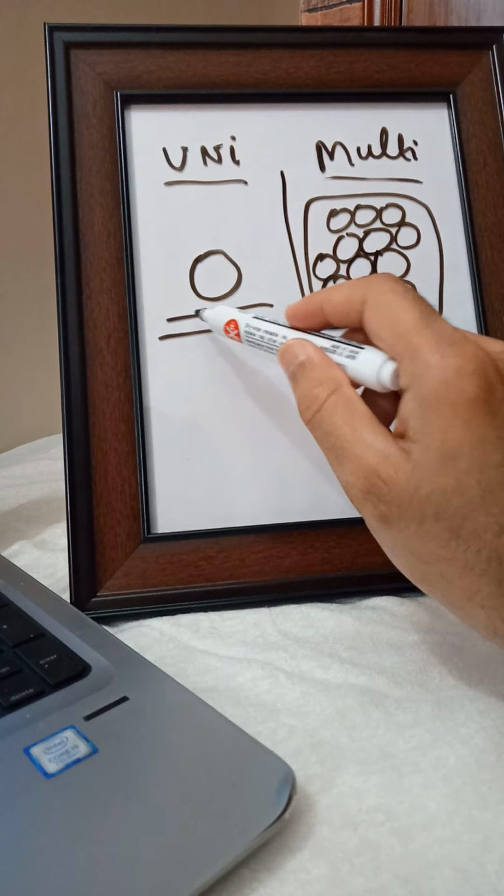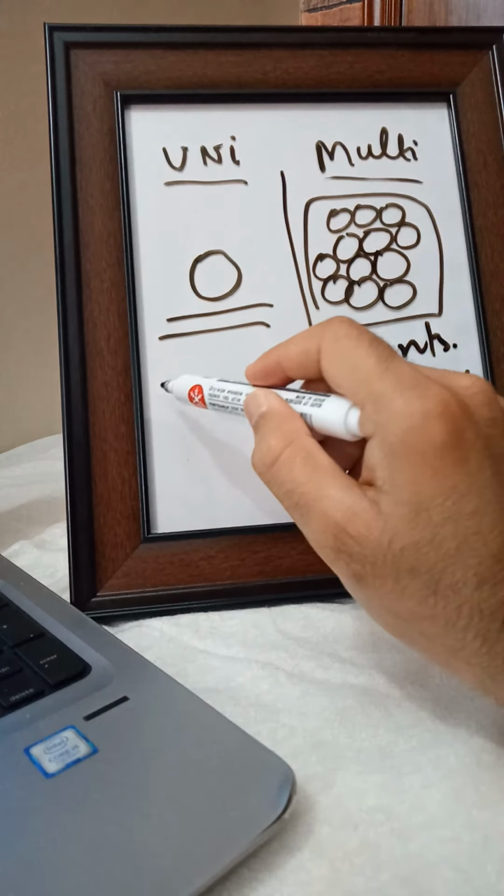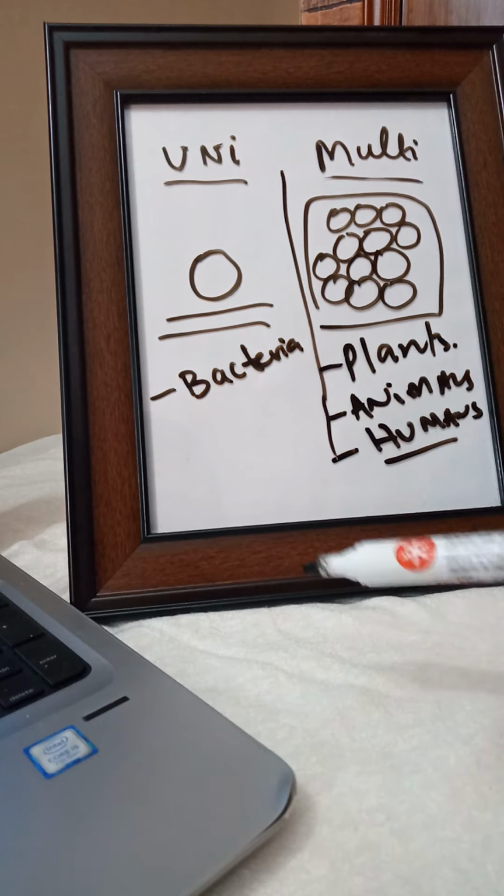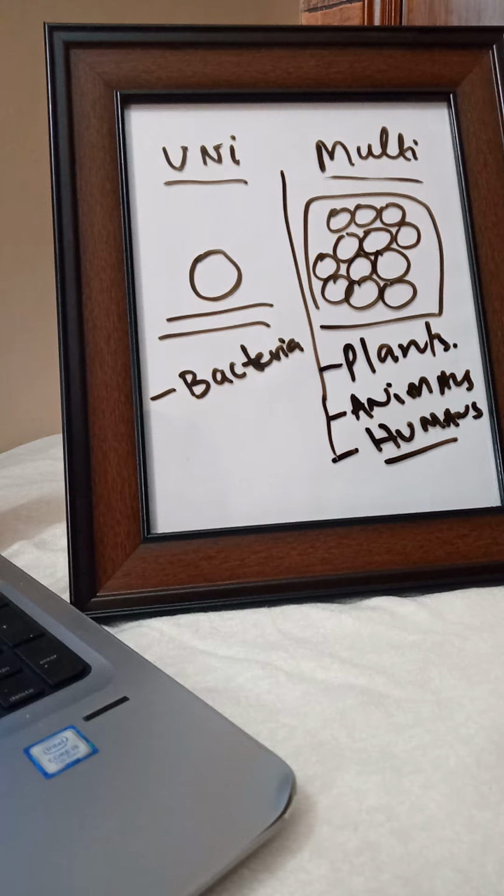Then if we take the example of a unicellular organism, the example would be bacteria. We know that bacteria are abundantly present in our surroundings. They are sitting on our skin, they are moving around in the air, they are abundantly present in the kitchen, they are eating our food. There are good bacteria, there are bad bacteria, but we cannot see them, although they are abundantly present, because they are made by just one cell, because they are unicellular.